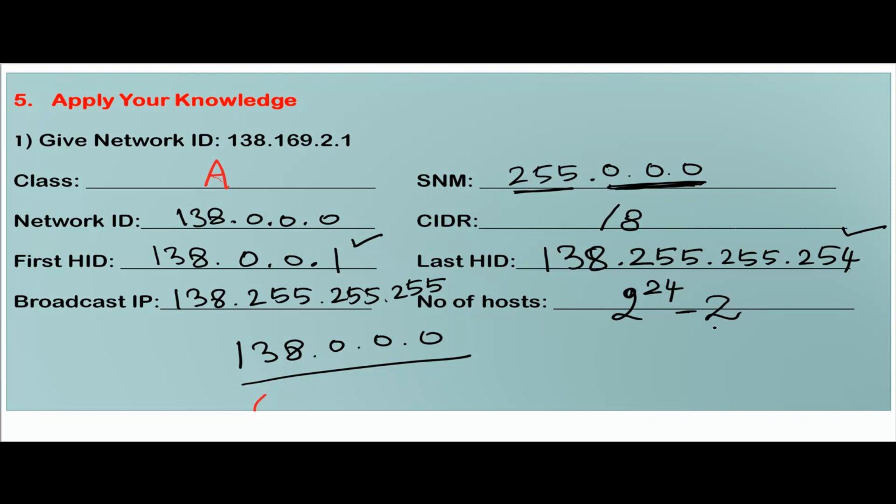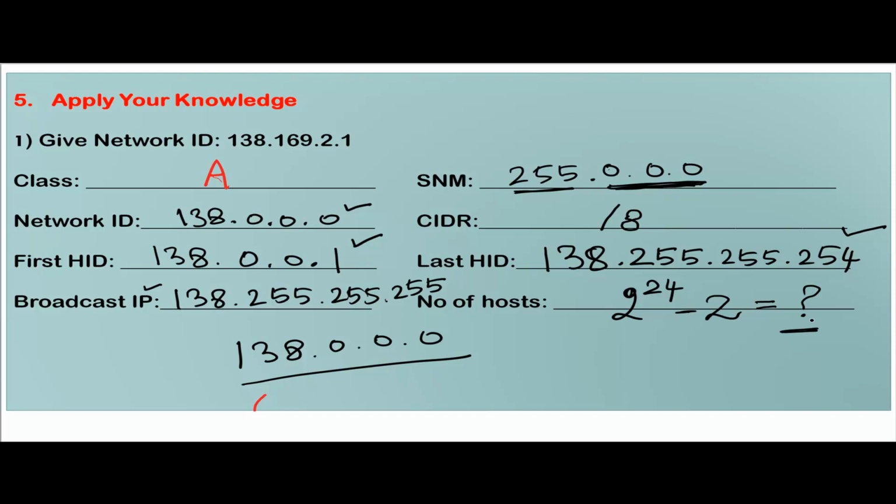Why minus 2? One IP address is given for the network ID and one for the broadcast IP address, so we reduce these 2. If you calculate this, that many hosts we can connect in this particular network. So this is how we have to solve this problem.